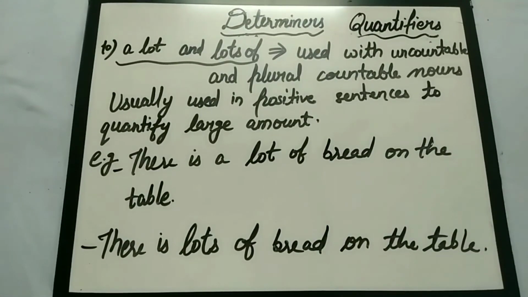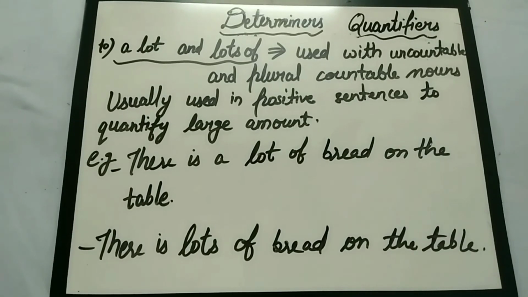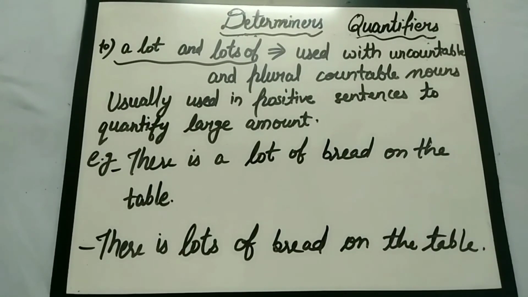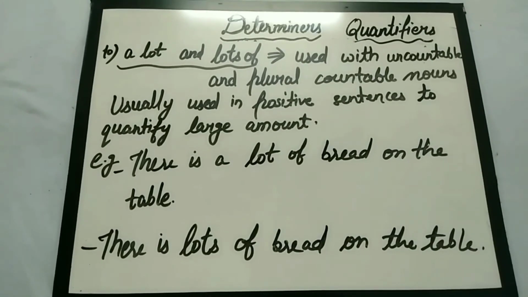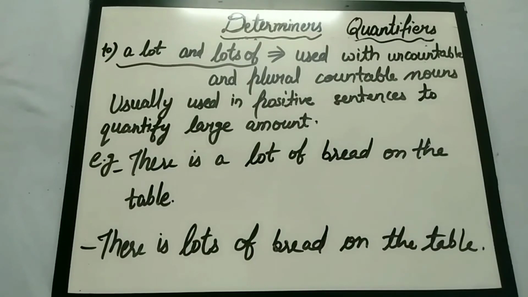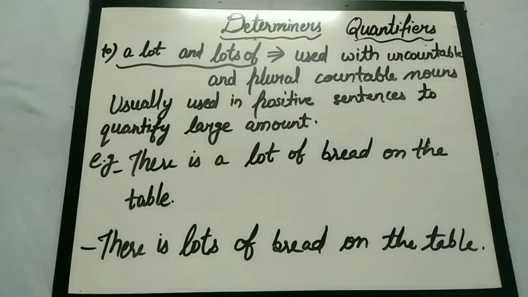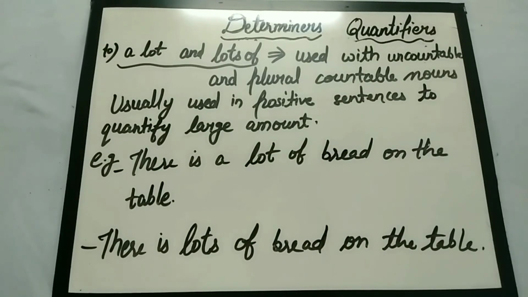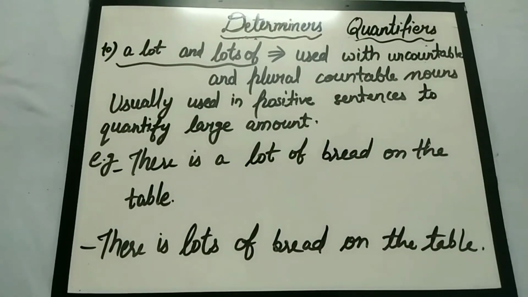So this is our next determiner included in quantifiers: a lot of and lots of. They both have the same meaning, and they are used with plural countable and uncountable nouns, and usually used in positive sentences to quantify a large amount of something.